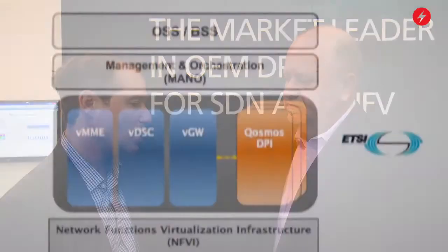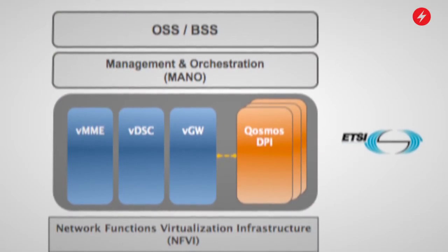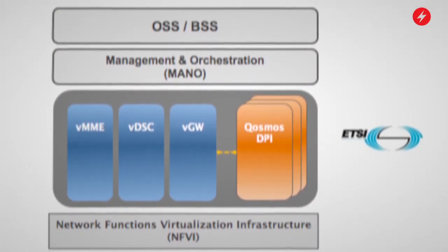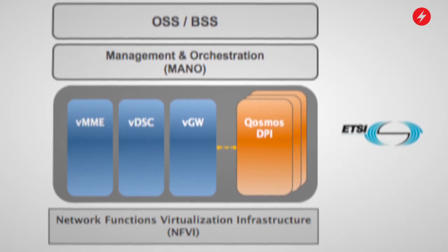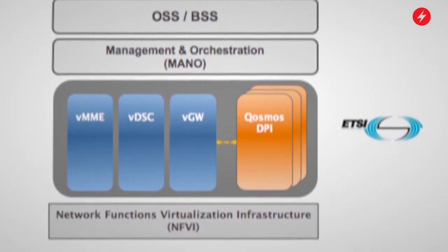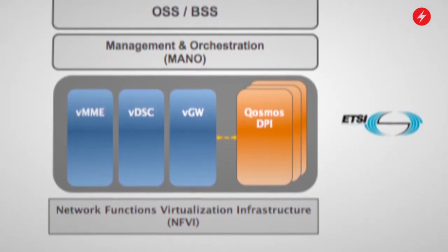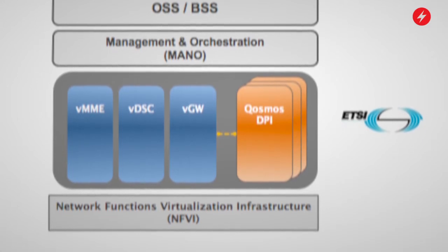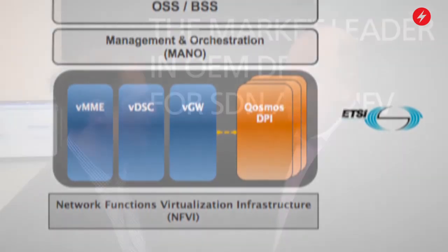And DPI is a component in itself, and that's why at ETSI we have been standardizing a new format called VNFC, which stands for Virtual Network Function Component. DPI is a typical example of what could be a VNFC. Our proposal was approved last June in Bonn.